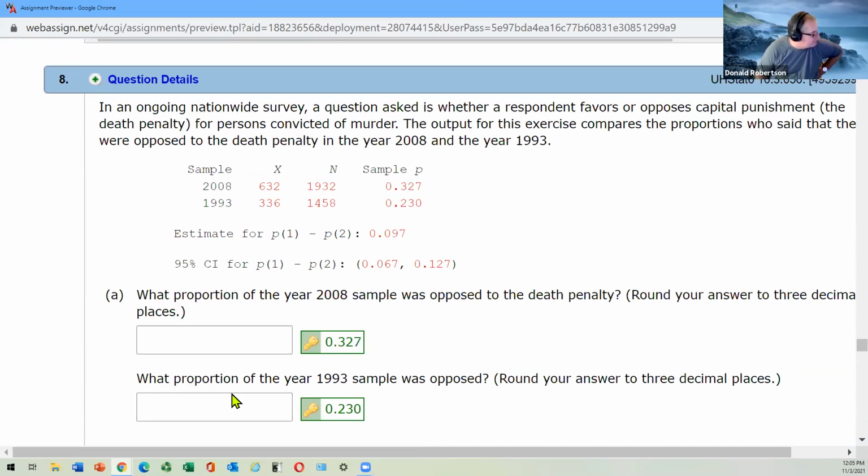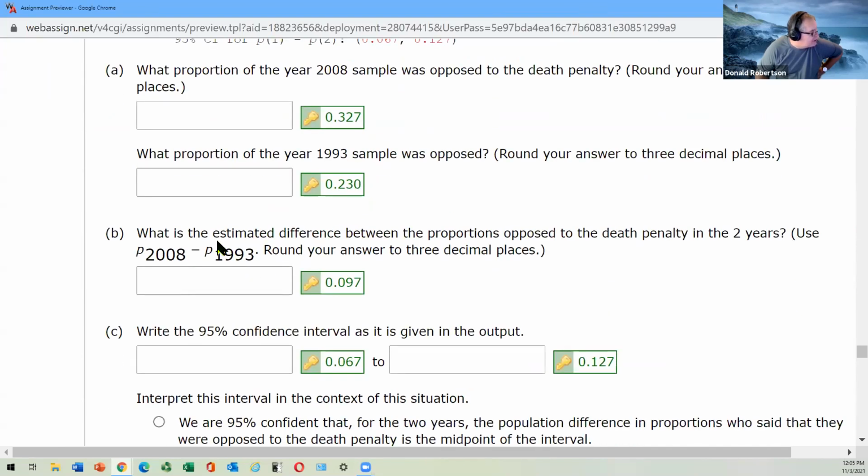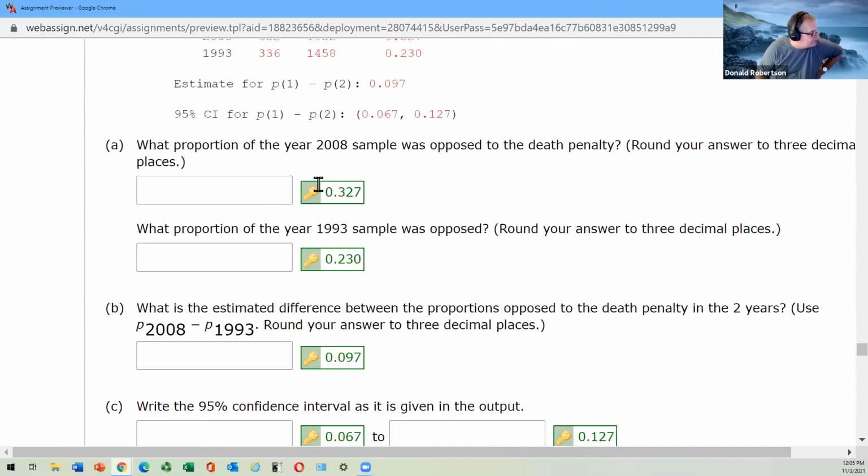And then the next question, for 1993, what proportion was it? It was this one here. And then it says, what is the estimate of the difference? Can you imagine you took this number, which is p1 hat, and subtracted this number, which is p2 hat? They're not calling them p1 and p2.